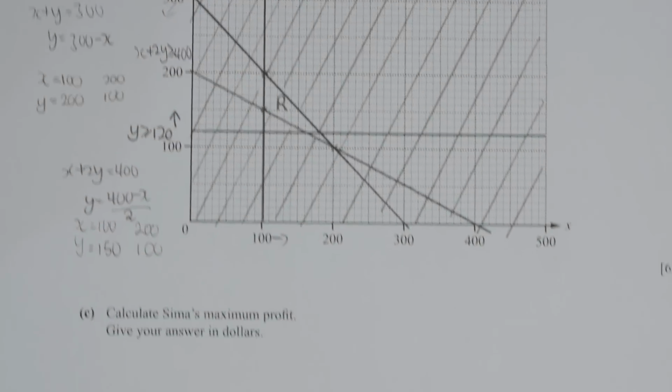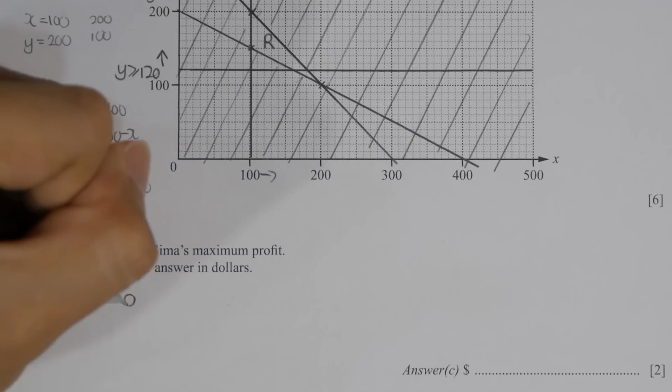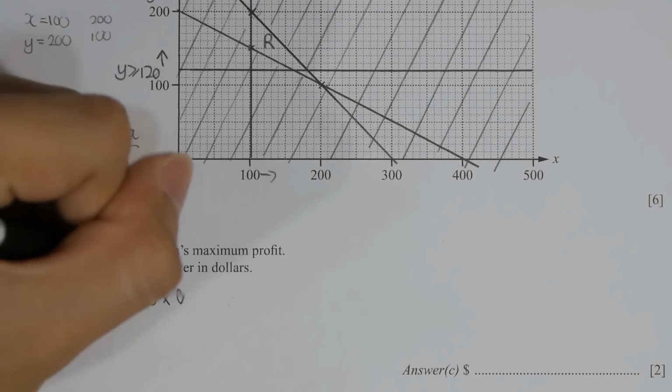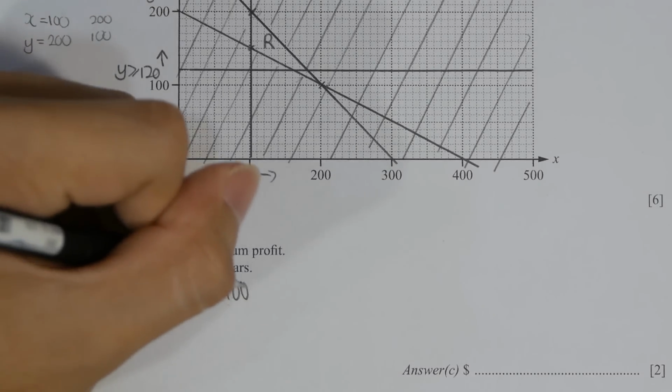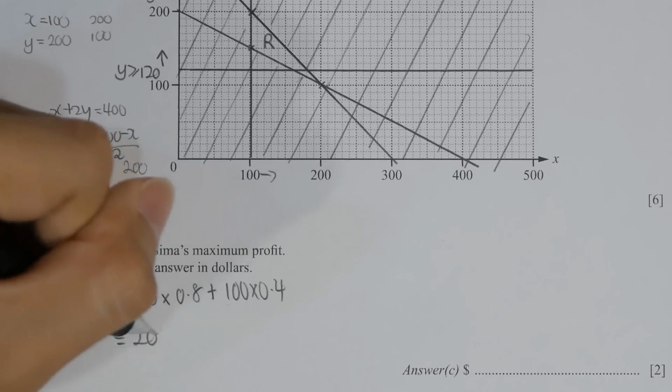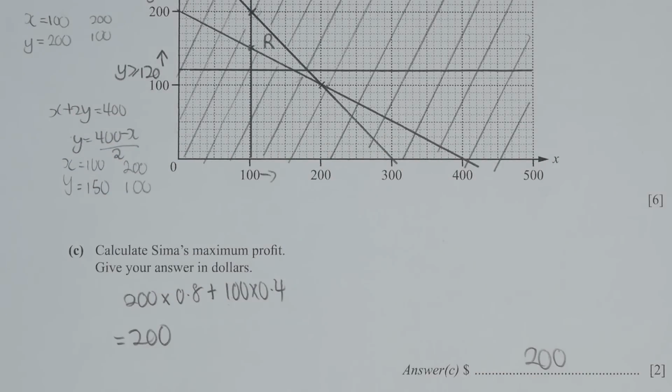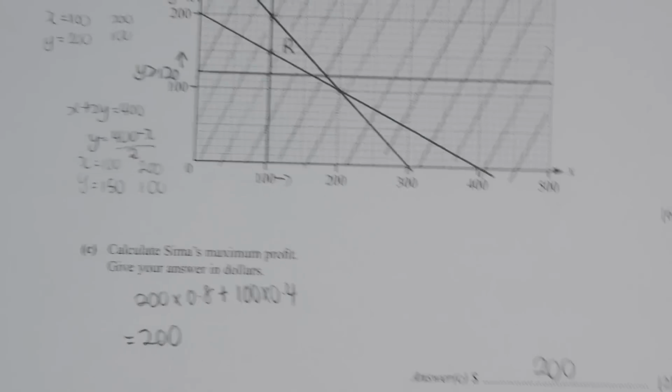For part C, the maximum profit will be when x equals 100 and y equals 200, which is the highest point of the region R. By running the calculation, you will get the maximum profit as 200.